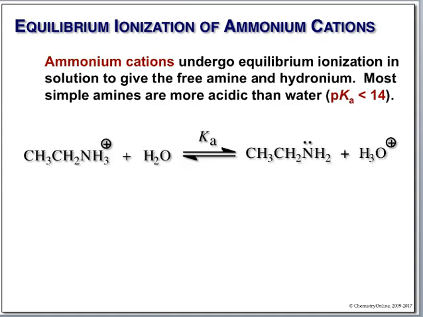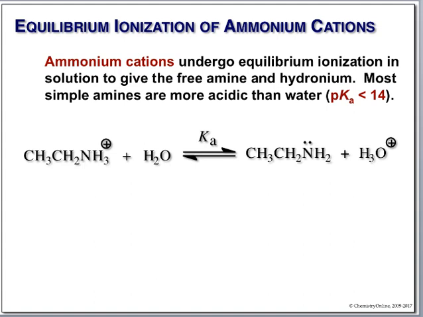Now, amino compounds have this lone pair on the nitrogen, right here. And because of that, they are proton acceptors. We can write this as a simple acid dissociation. Here we have ethylammonium, water.